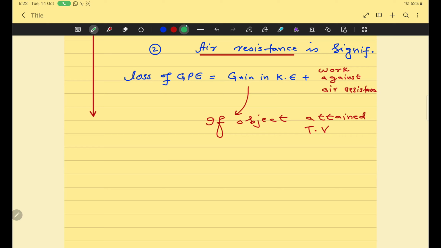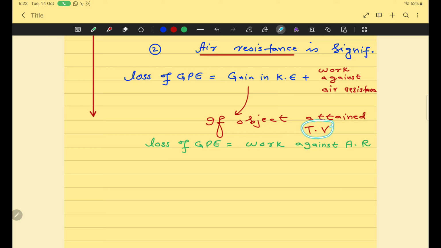And if speed is not increasing, then there is no gain in kinetic energy. In this case, if the object has attained terminal velocity, the gravitational potential energy loss is not converting into kinetic energy, but it is converted into work against air resistance. I think it is a new concept.